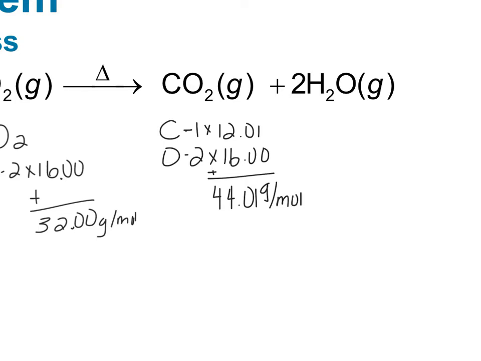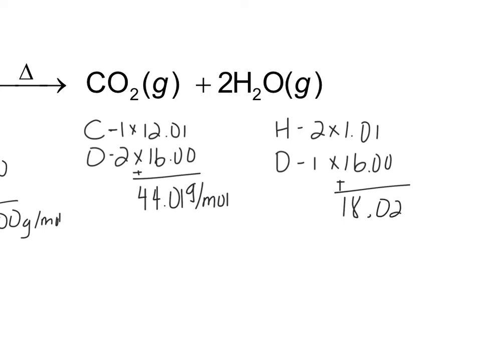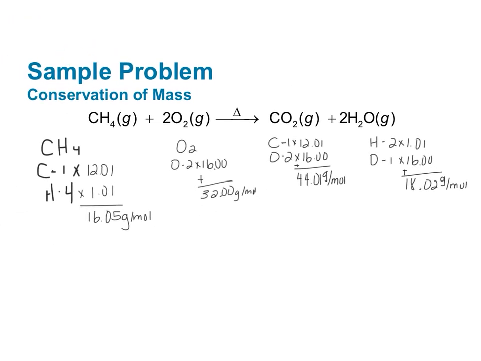And then for water, hydrogen, 2 of those, oxygen, 1.01 for hydrogen, and 16 for oxygen, coming up to be 18.02 grams per mole. So there's all my molar masses of all of my reactants and my products.